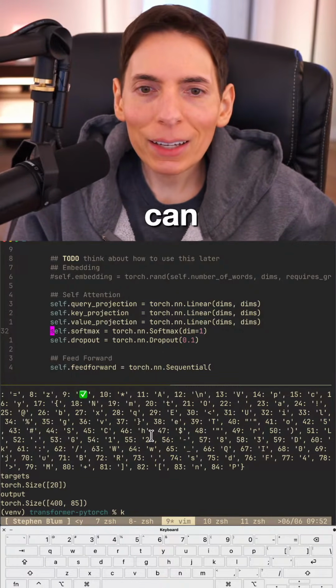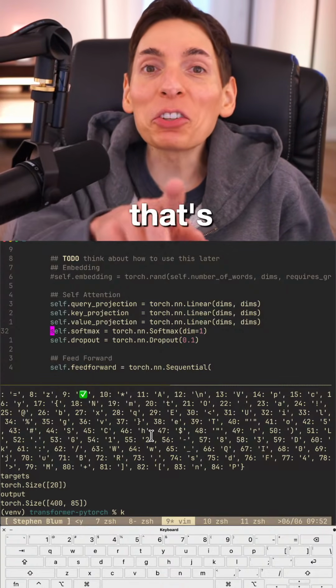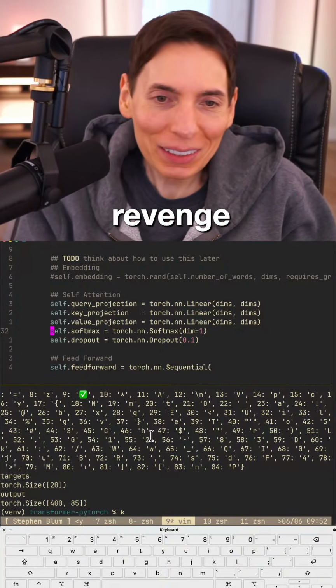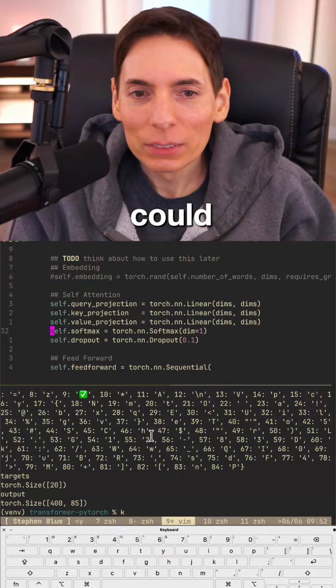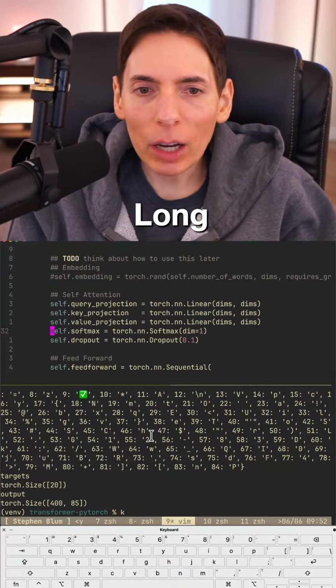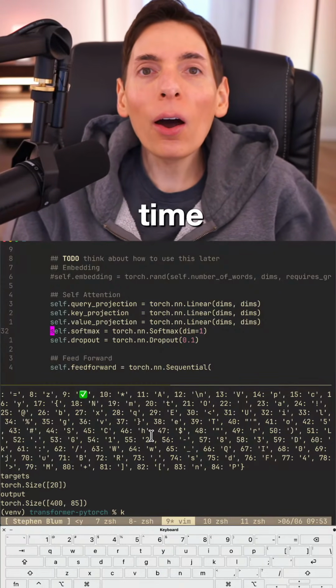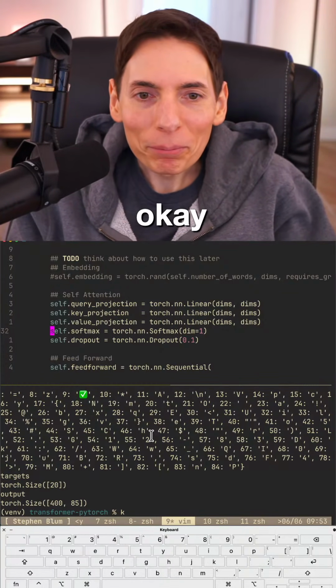But still, you can taste my revenge. I know the revenge. That's a good point. You could get revenge. There's a language model using Mamba, a long time ago. It's the first model that had a 1 million context window at that time. Oh, okay.